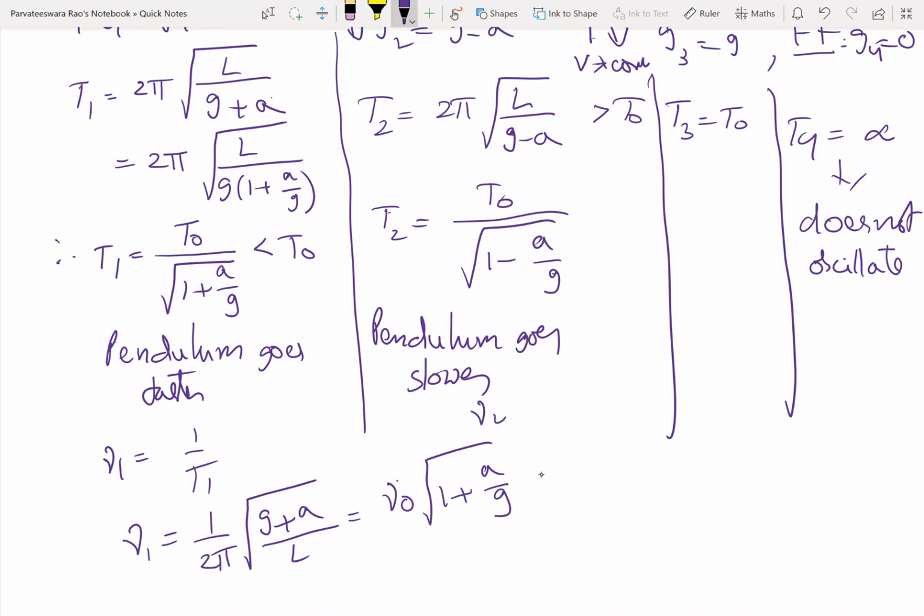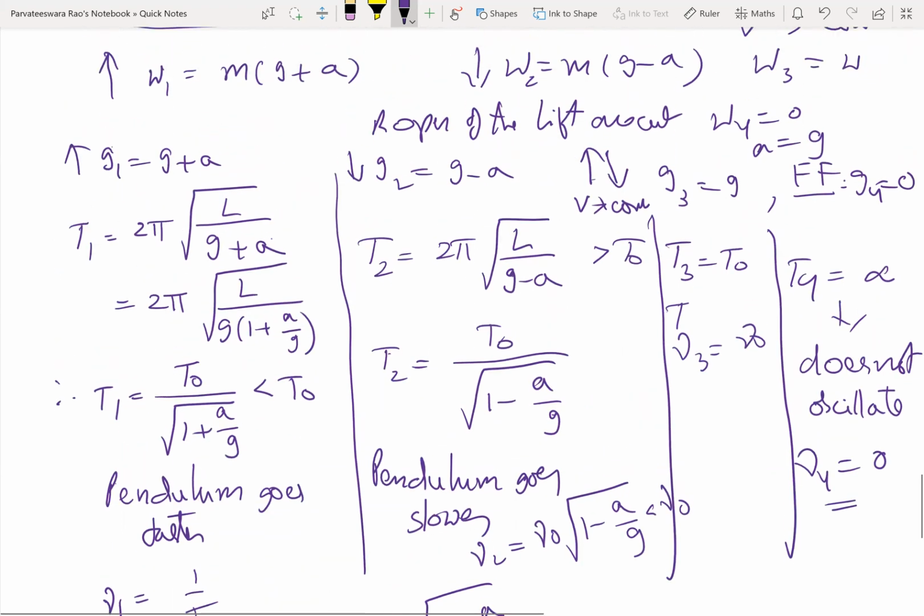And here nu2 becomes nu naught into root of (1 minus a by g). So the frequency will be more than the actual frequency when the lift is ascending, whereas here it will be less than the actual frequency. And nu3 will be equal to nu naught, nu4 is 0. It does not oscillate at all.